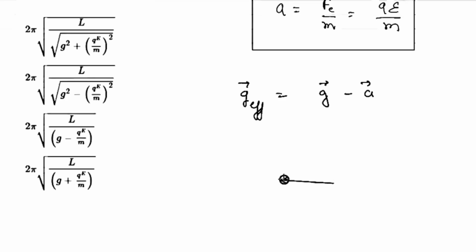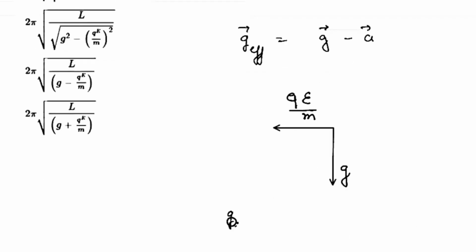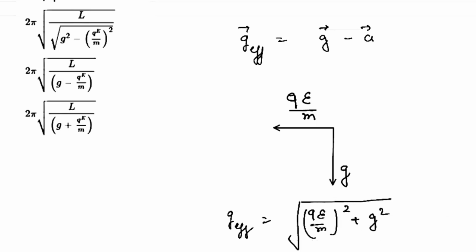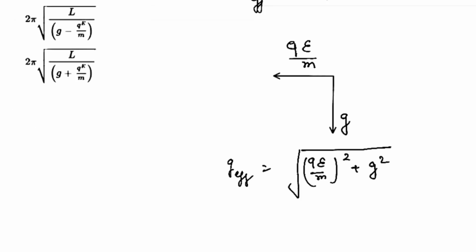So g effective is equal to under root of g squared plus (qE by m) whole square, to the power half.